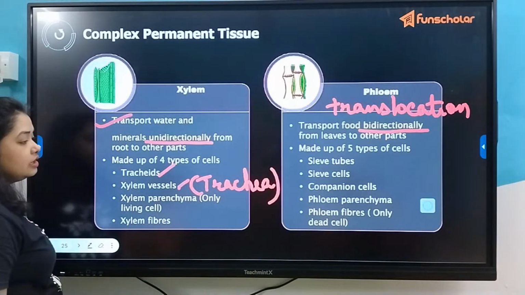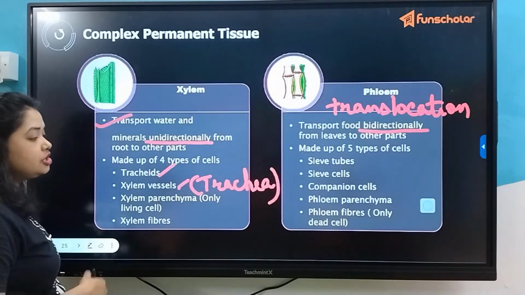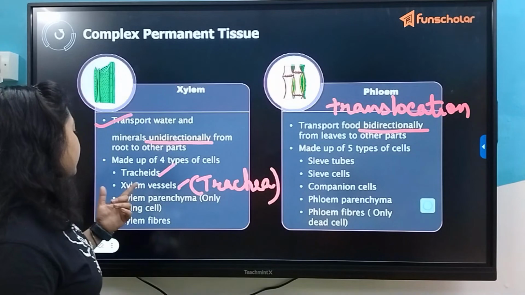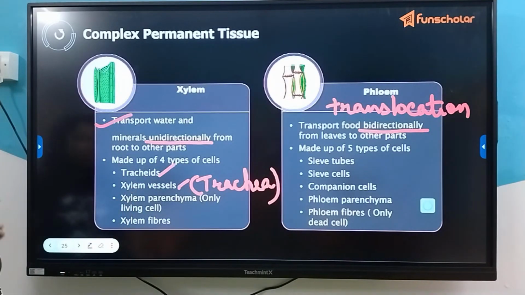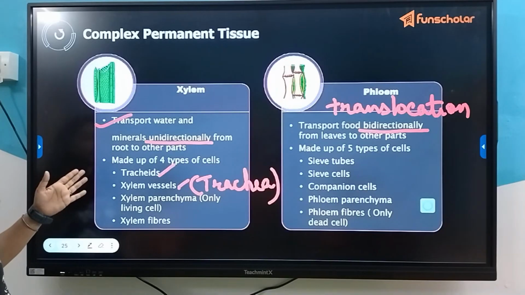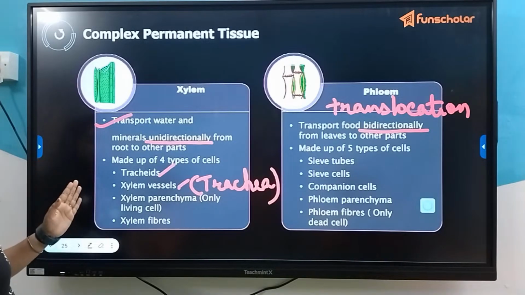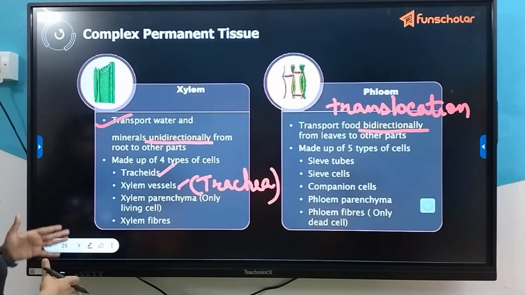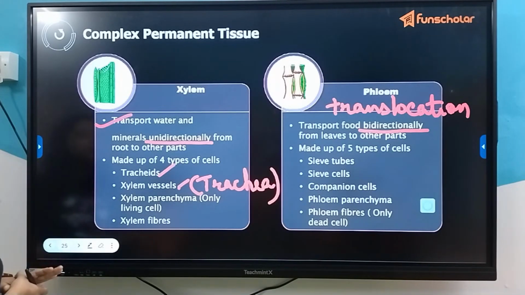So trachea are the tubular structures which have a wider lumen, and tracheids are narrow lumen structures which actually help in the transportation of water and minerals in one direction, and the vessels actually aid in that process.